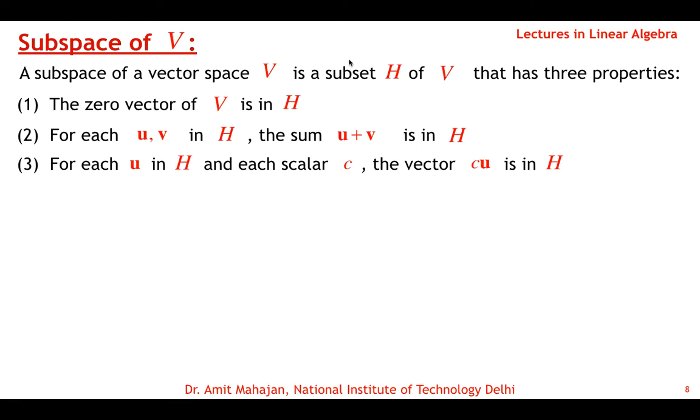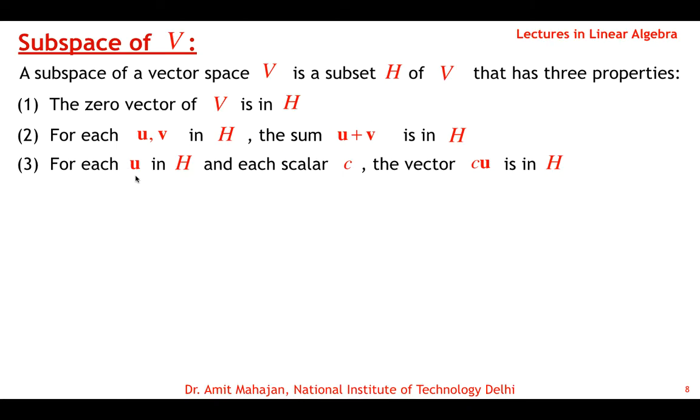So if you have a subset H of V, then it will become a subspace of V if these three properties are satisfied: first, the zero vector of the vector space V is also in the subset. Second, for any two vectors u and v in the set H, the sum u plus v is also in H, so additive closure holds.